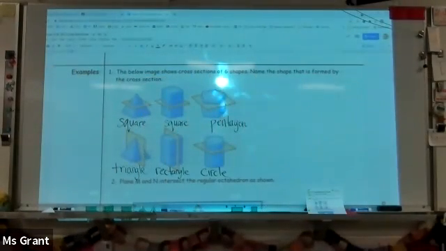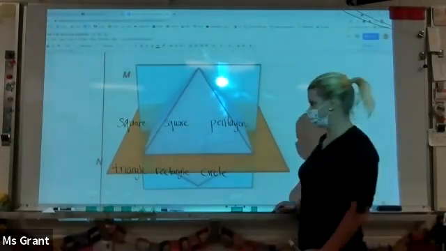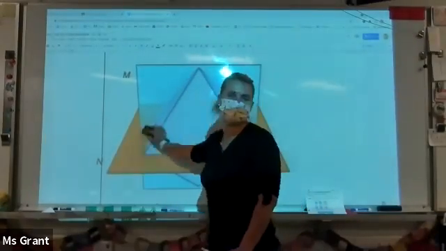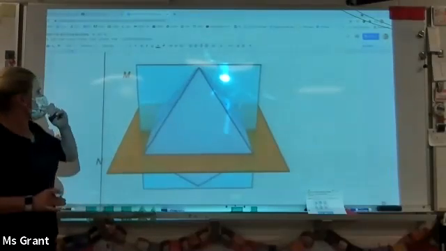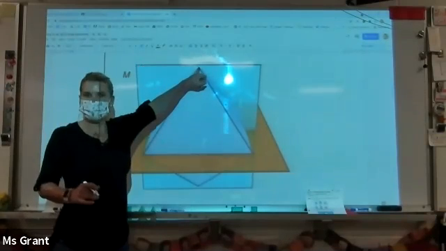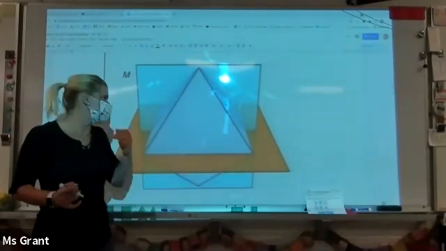Down below, I have a pretty complicated shape. So the color really helps. My students here have black and white, but at least you can see the color on the screen, right? So that's not bad. Now, my plane M slices down through the vertex, straight down vertically.